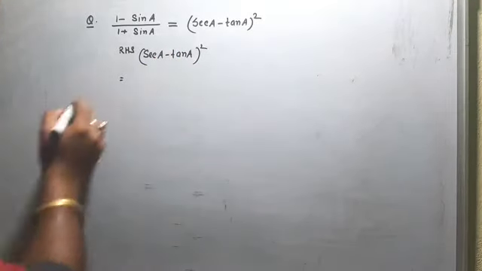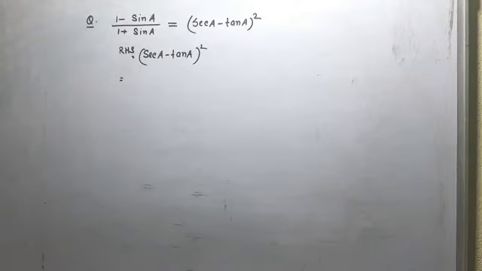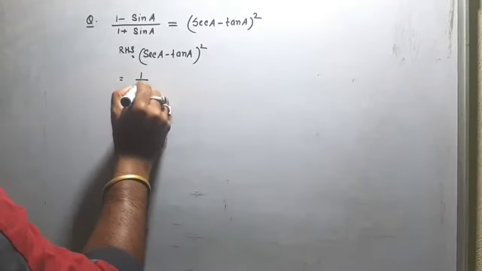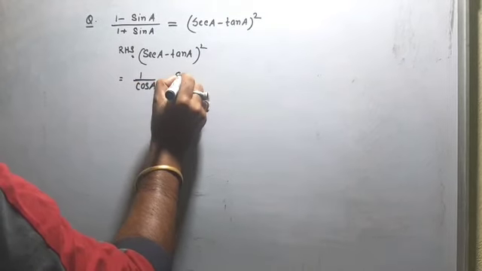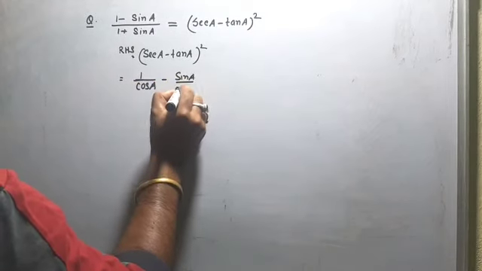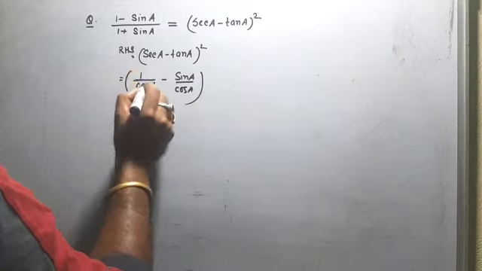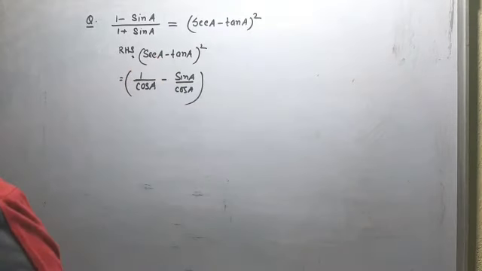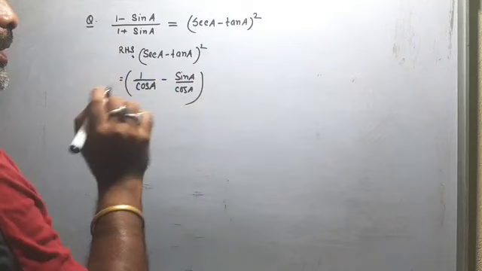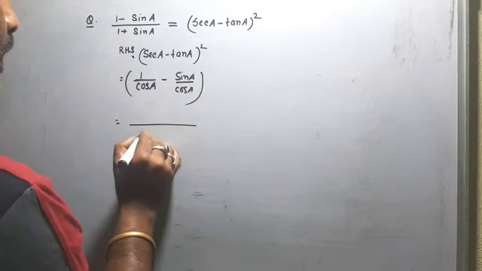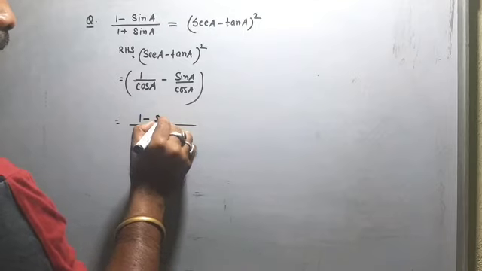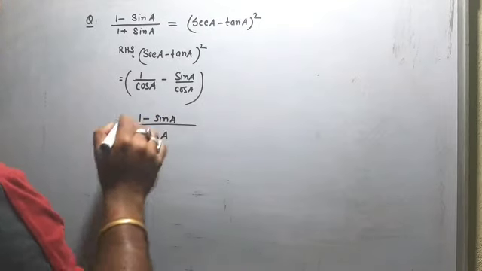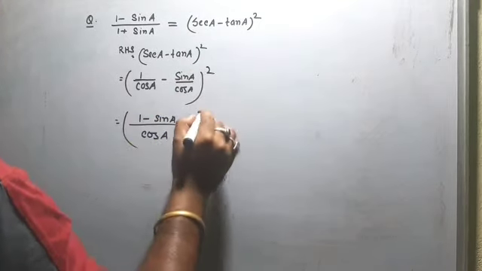Just change sec a. Sec a is 1 by cos a, minus tan a, which is sin a by cos a, whole square. So now you have LCM cos a. So here 1 minus sin a, and everything is in whole square.